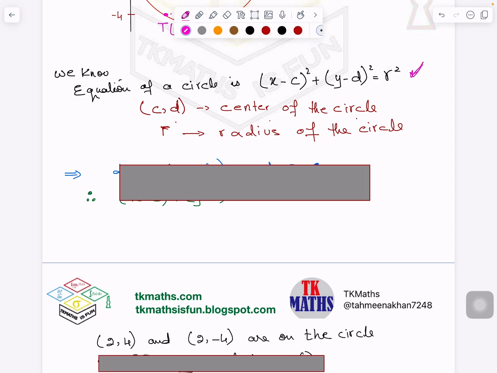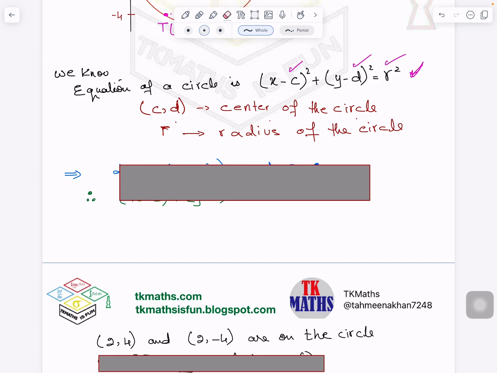Why did I say any one? At the moment there are 3 unknowns, C, D, R, and if I substitute one point, I can't solve it. So I need 3 things. What is the problem here?